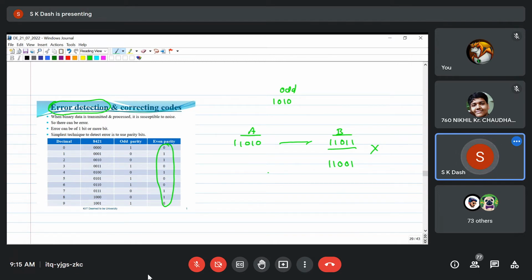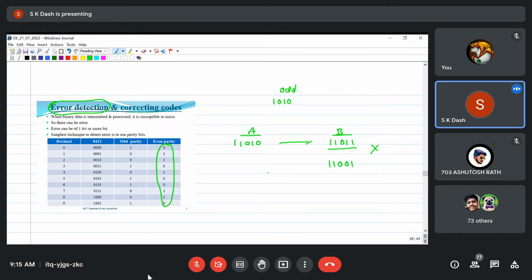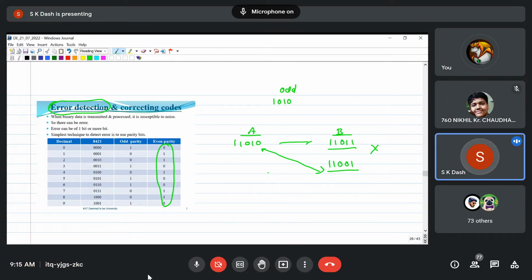Only person B knows which system we are using, odd parity or even parity. So here he gets 3 ones, and he assumes it is a correct code. But is it correct? Is it the same as what we sent from place A? It is not the same.